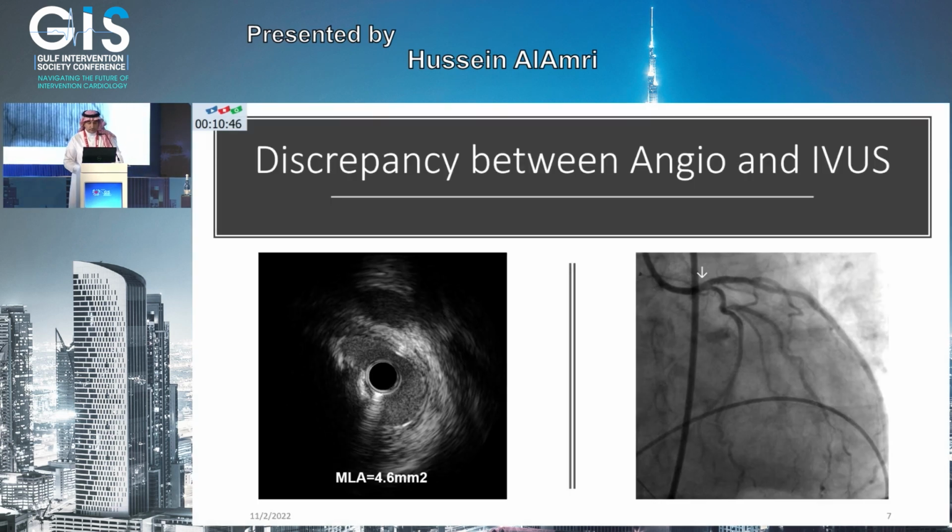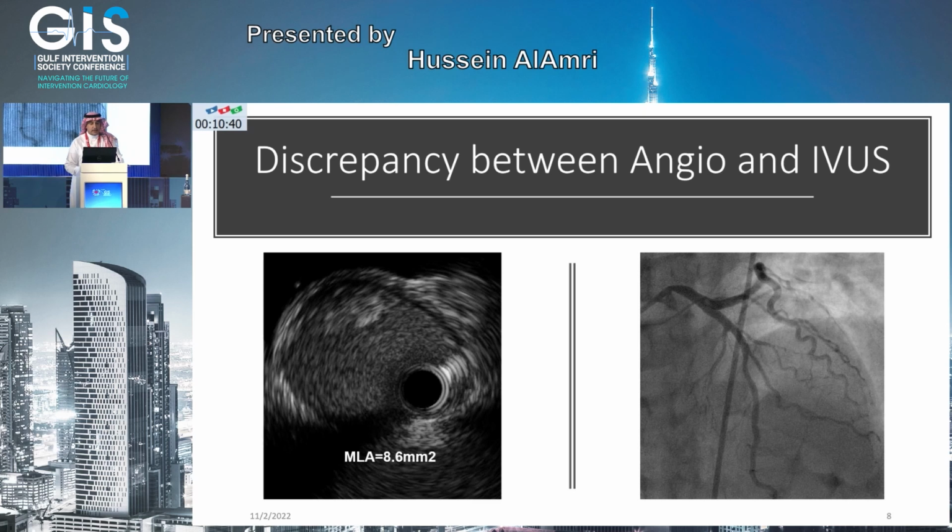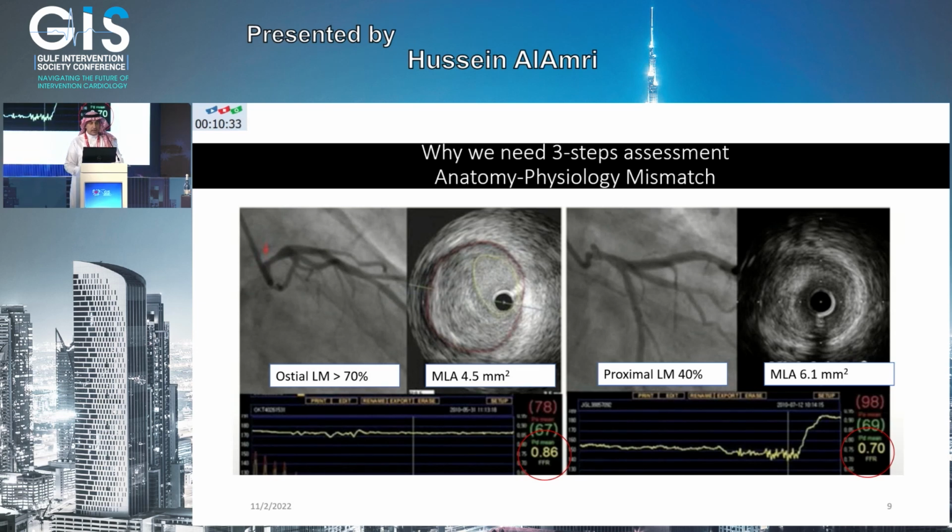The reason is that a lesion that you may not see on angiography may be significant on IVUS, like this case, and a lesion that can look significant on angiography may be non-significant on imaging. And again, sometimes you see a lesion that's significant on both IVUS and angiography, however the FFR will be low, or the opposite, where it looks insignificant on both, but the FFR or IFR will be positive.